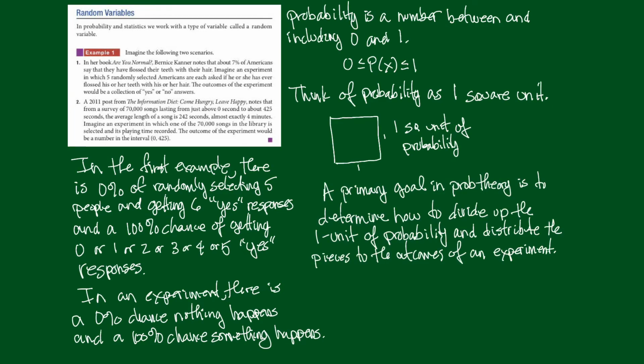And the primary goal in probability theory is to determine how to divide up this 1 unit square. I've got 1 square unit of probability. How do we divide that up and distribute all the pieces to the outcomes of an experiment? How do I divide this up and distribute it to the values of the random variable?